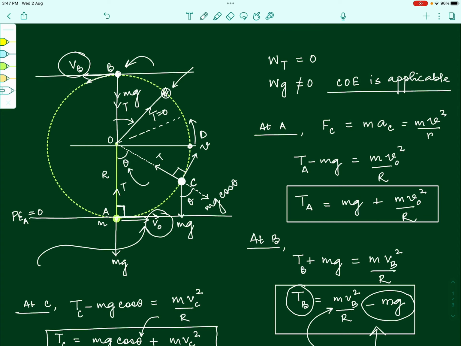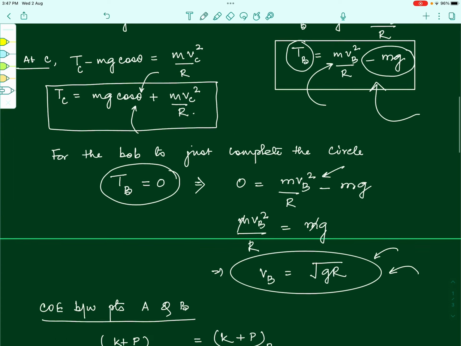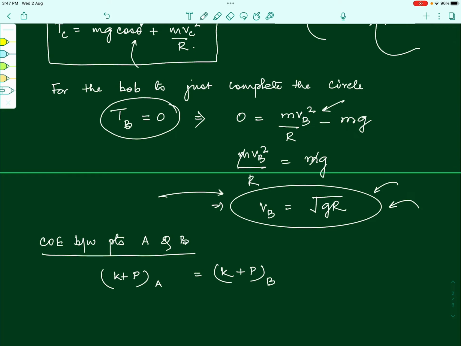Do we see here that the point B is at a height of 2r from the level of A? So can we say the potential energy at the point B will be mg into h, which in this case is 2r, right? So the potential energy at B is mg into 2r, whereas the velocity at the point B we have just now calculated from the condition of the bob being able to complete the vertical circle.